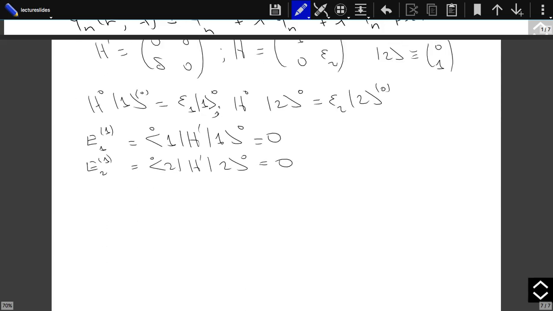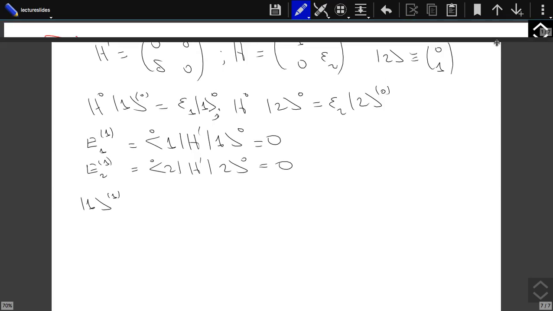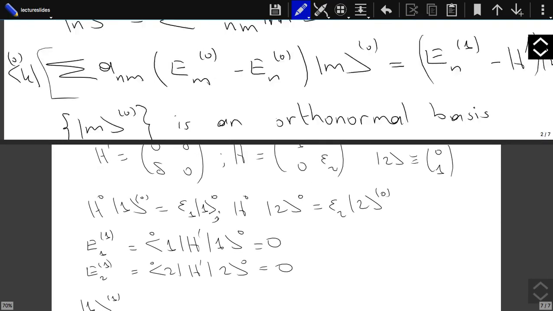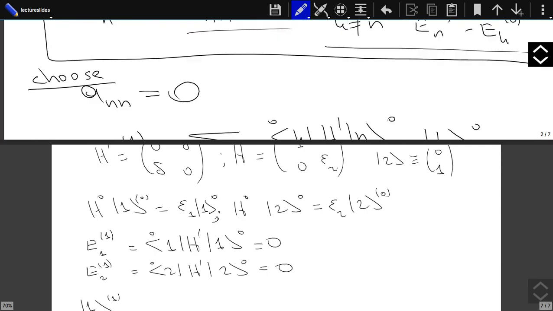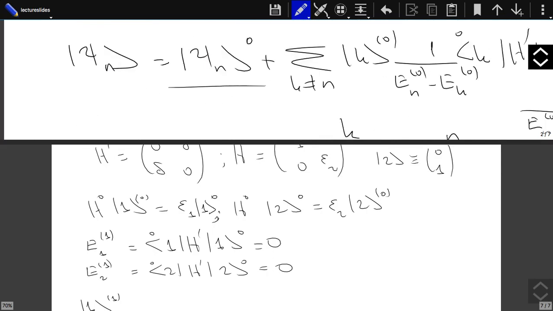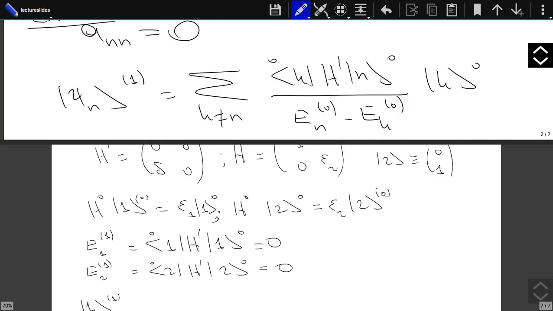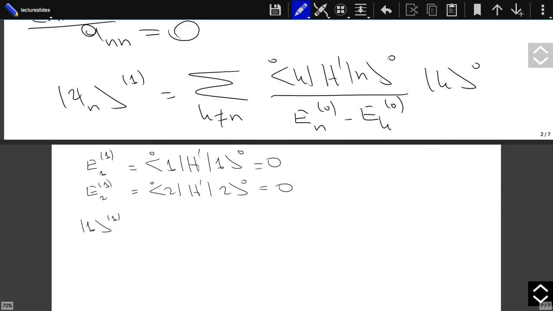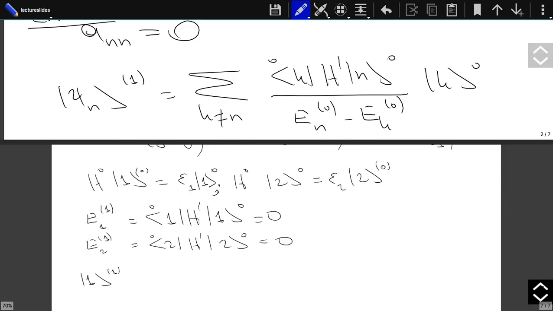Let's look at the wave function first, the first order correction to the first state. Let's see what our expression was. This is what we had for the first order correction. Since we are summing over all the other states, in fact here we have just a single other state, so the first order correction is unique.